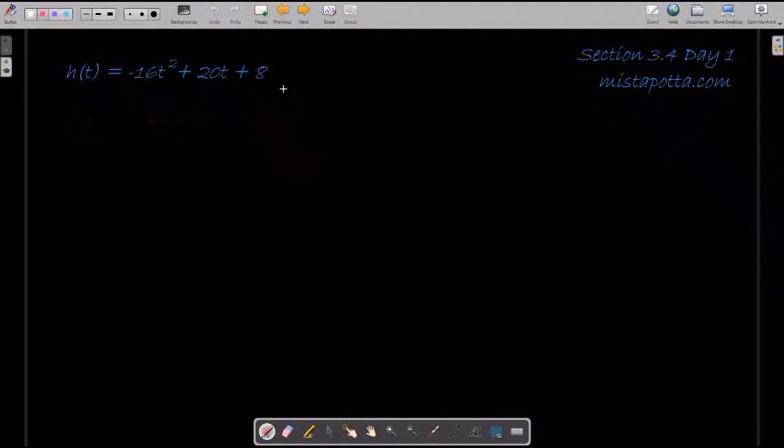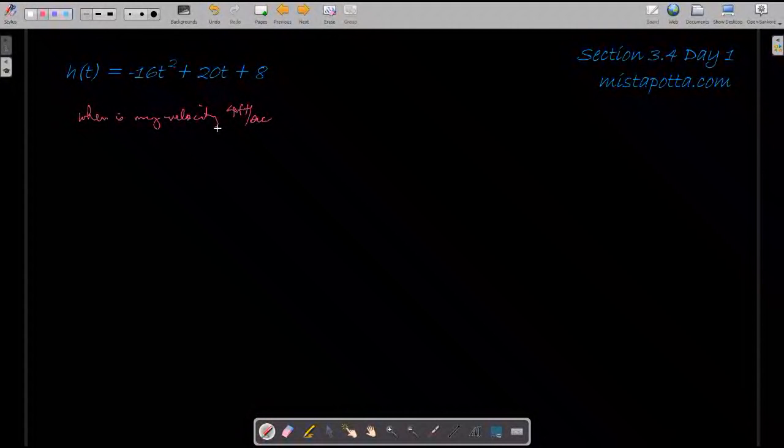So a couple more things I can do here. I can ask, when is my velocity four feet per second? In other words, when am I going up at 4 feet per second?